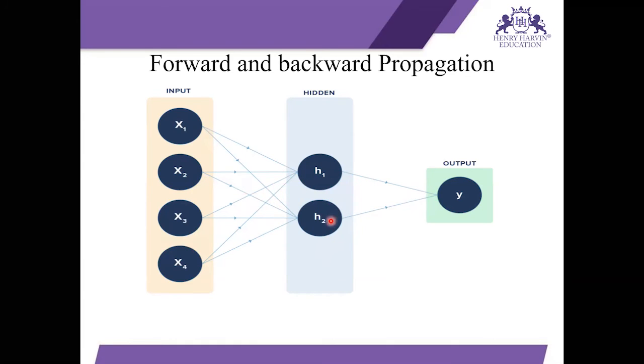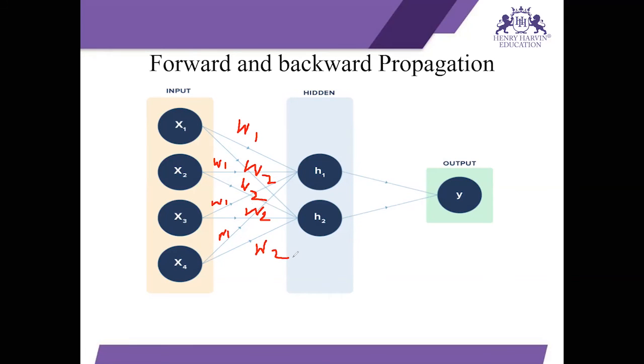The connections are through the weights involved, which can be learned via forward and backward propagation. So let us understand this. Say this is W1 and let this be W2, right?